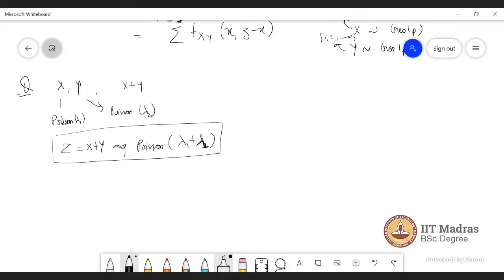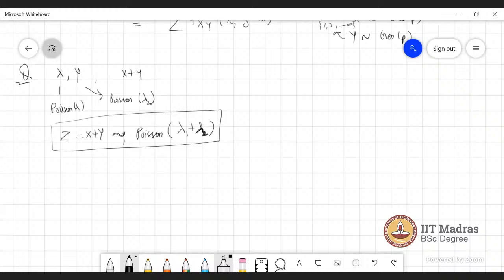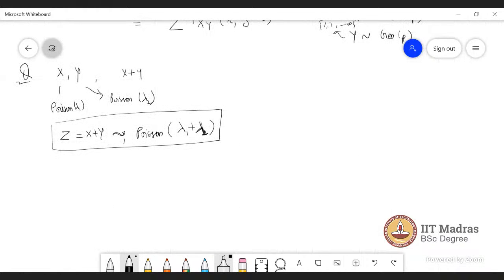The derivation part you can see in the lecture if you have doubts. Similarly, if you have to find the distribution of X given Z, or Y given Z, the distribution of X given Z comes out to be binomial with parameters n, lambda 1 by lambda 1 plus lambda 2.